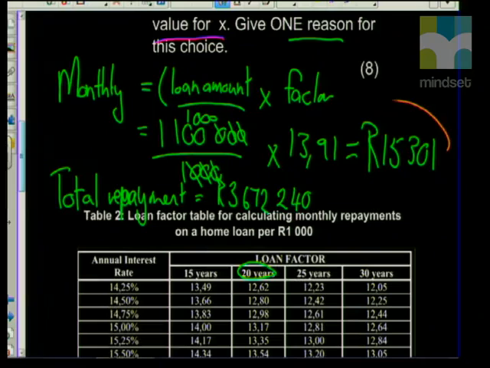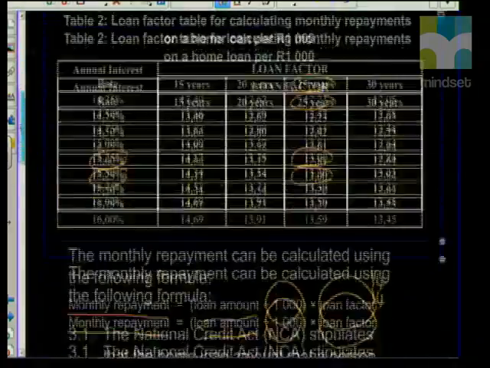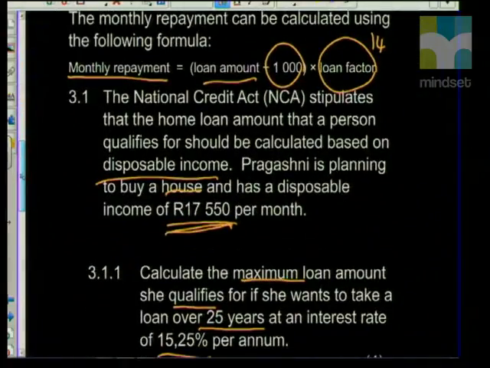But somebody else might say to you, but hold on, guys, she's still got to live. Look how much she's having to pay. She's having to pay 15,301 Rand. Her disposable income that we were told in the first part of the question was only 17,550 Rand.